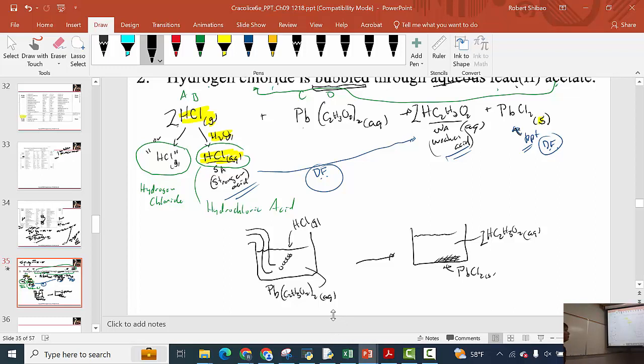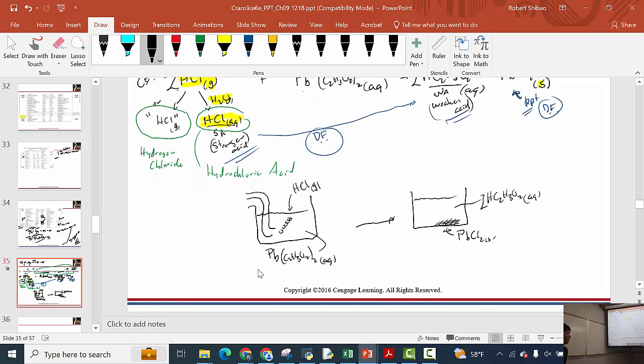Now, this is what we call the CE. What we're going to do is something called the IE, or the ionic equation. In the ionic equation, we ionize the strong electrolytes.